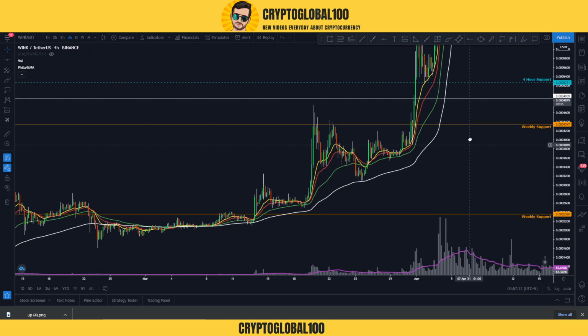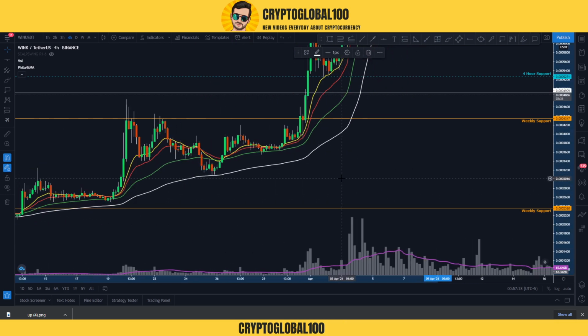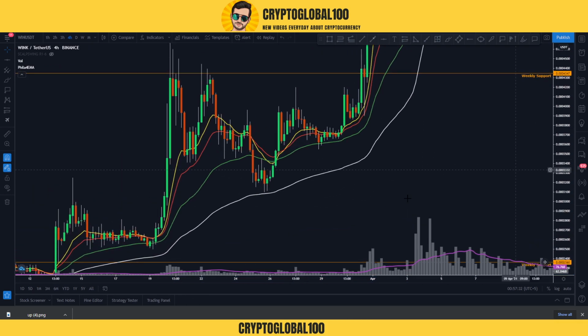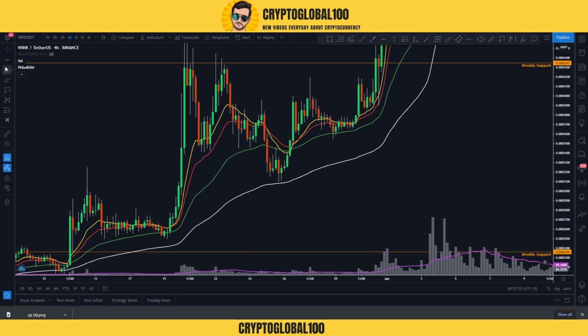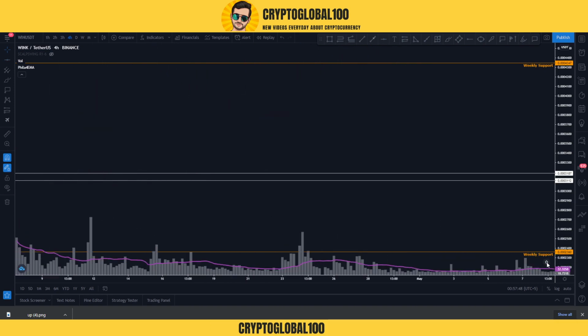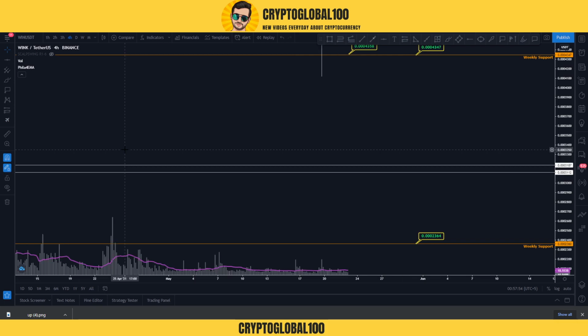We see some rejections. This one is a good test of the 100 EMA. I would give it that this would be the demand zone. So we might see the next rejection or next test at 32,000 as well.